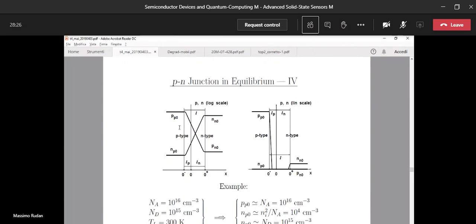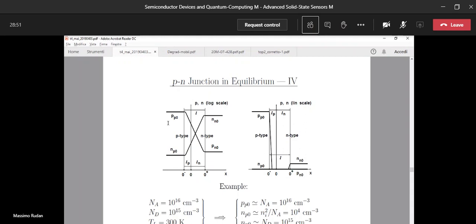So in the middle there is a gradient, okay? And you remember that there is a transport phenomenon called diffusion, such that the particles that are able to move go from the regions where the concentration is higher to the regions where the concentration is smaller.